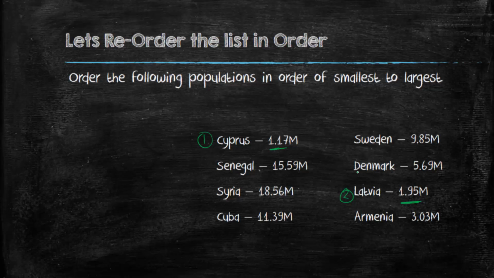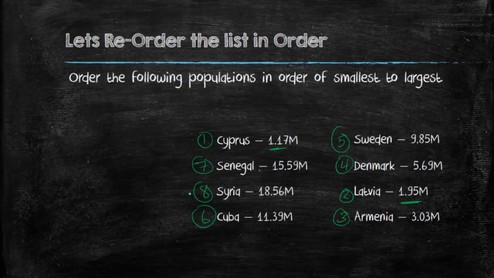Well, 9 is big, 5, they're all big. Oh, Armenia is pretty close at 3. Then after that, I think the 5.69, which is Denmark, would probably be the 4th. And then it'll be Sweden at 9.85, then Cuba at 11.39, then Senegal, then Syria. I think I got that right.